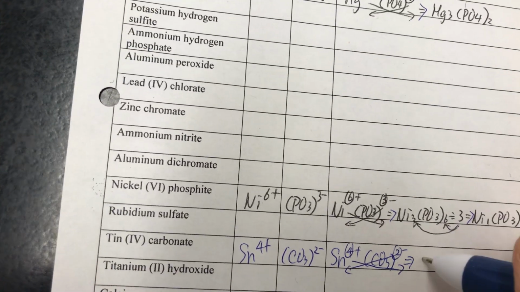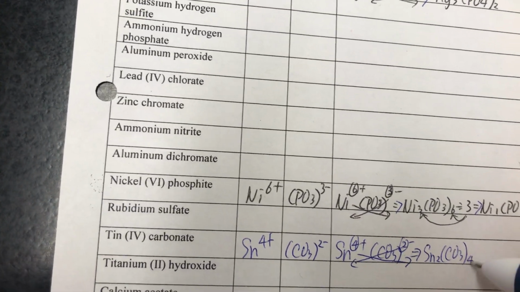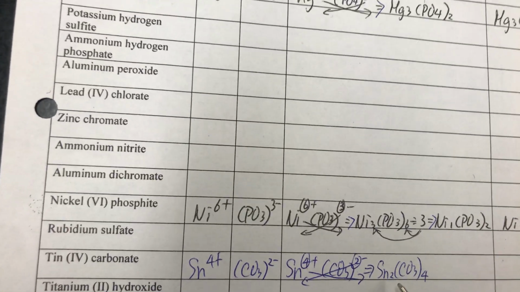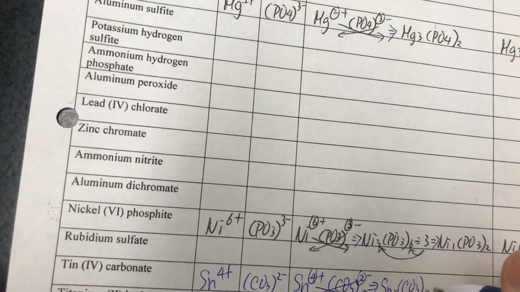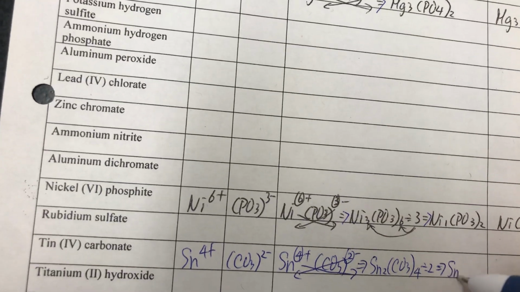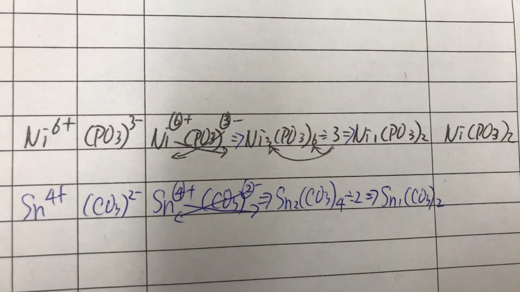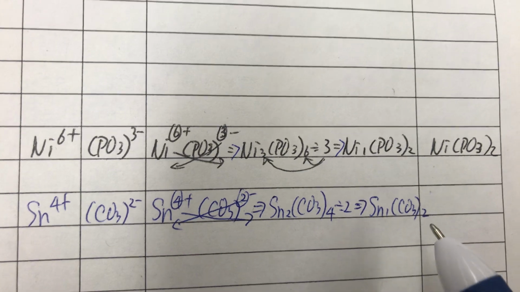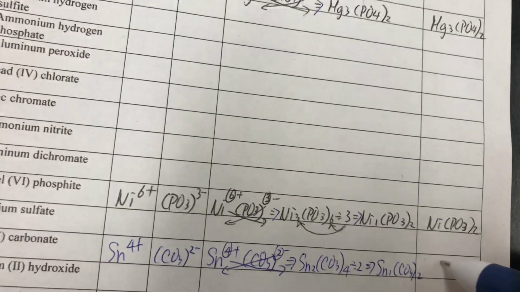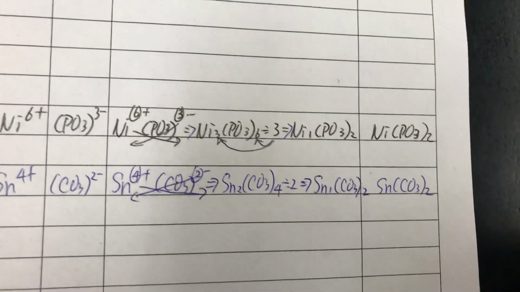Okay, so I got Sn2(CO3)4. Okay, again I cannot touch CO3, but I can simplify the 2 and 4. I divide by 2 to get Sn1(CO3)2. Okay, in this case, I have to keep the parentheses because it will become CO32. But I can take away the 1 from the Sn. So the answer is Sn(CO3)2.